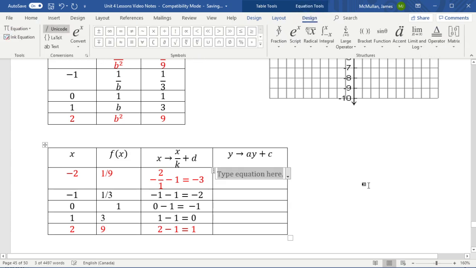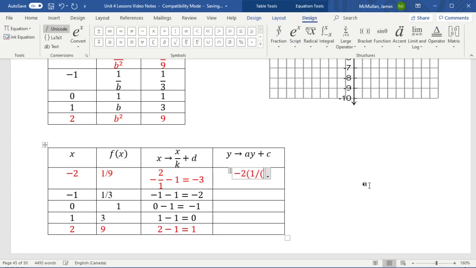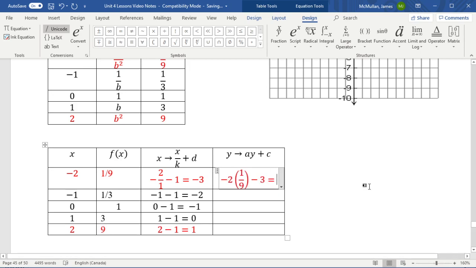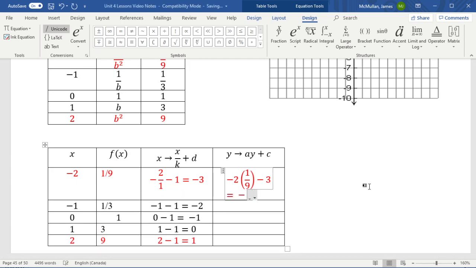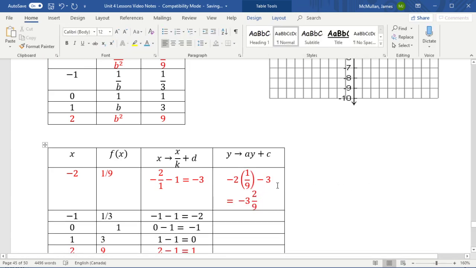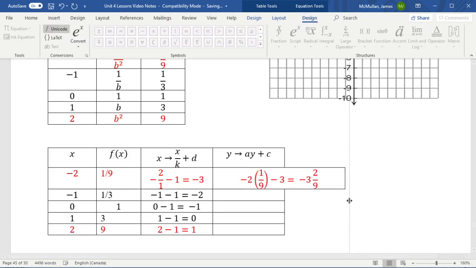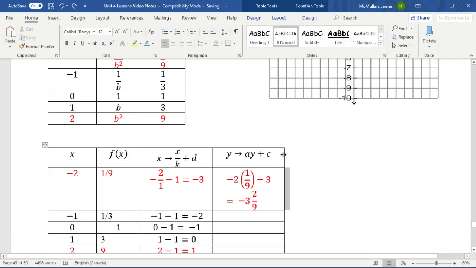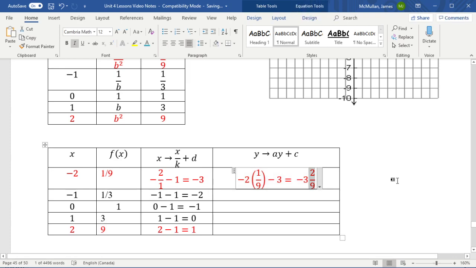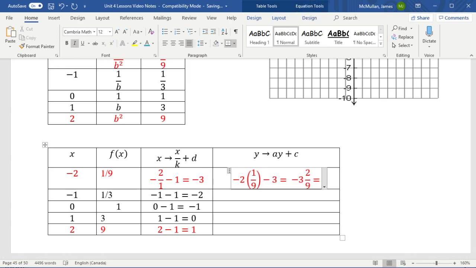So this one, -2 times 1/9, subtract 3 is going to give me, let's see, -2 over 9 take away 3 is negative 3 and 2/9. And maybe just to make it an improper fraction, I'll write negative 29 over 9.